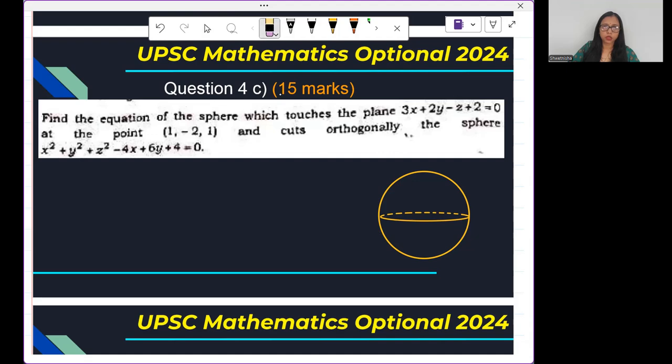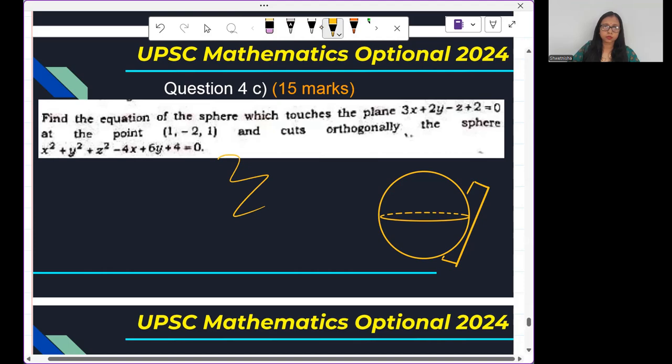Now, find the equation of the sphere which touches the plane. Touches the plane means it's going to be a tangent plane. So let's say that is my plane, which has only a point of intersection. And now we'll have a point of intersection of the plane and this.